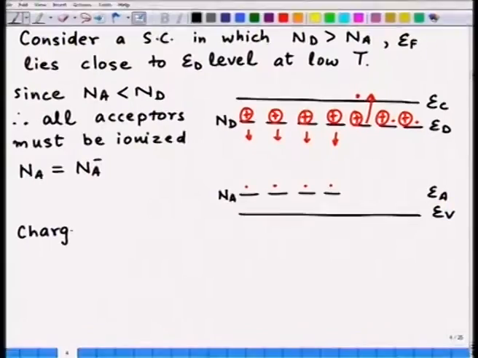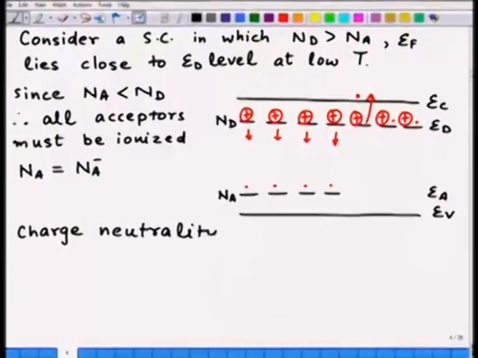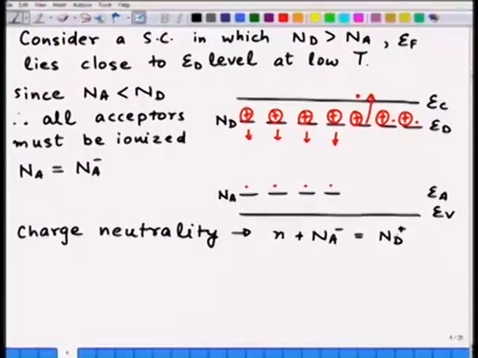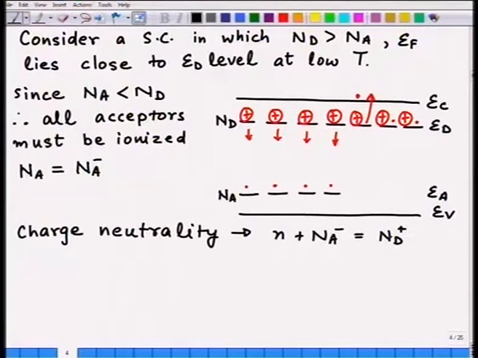Okay. If so, then how can I write charge neutrality? If I write charge neutrality, then I know N plus Na minus should be equal to Nd plus. That is the condition for charge neutrality, where P is much less than N, of course.